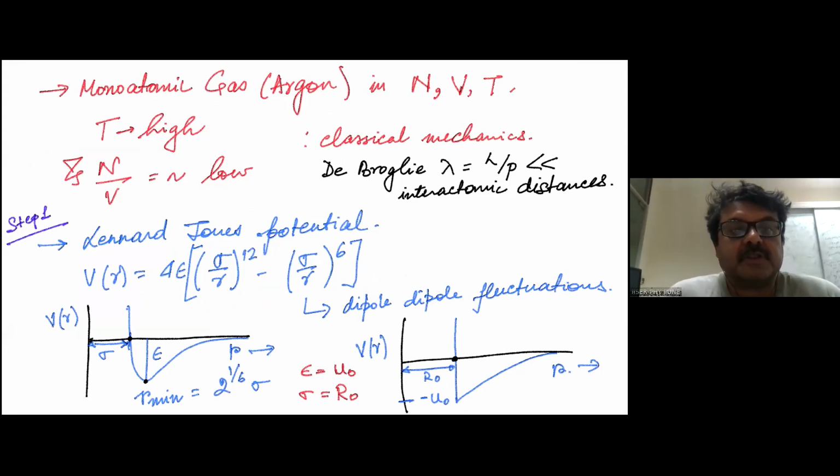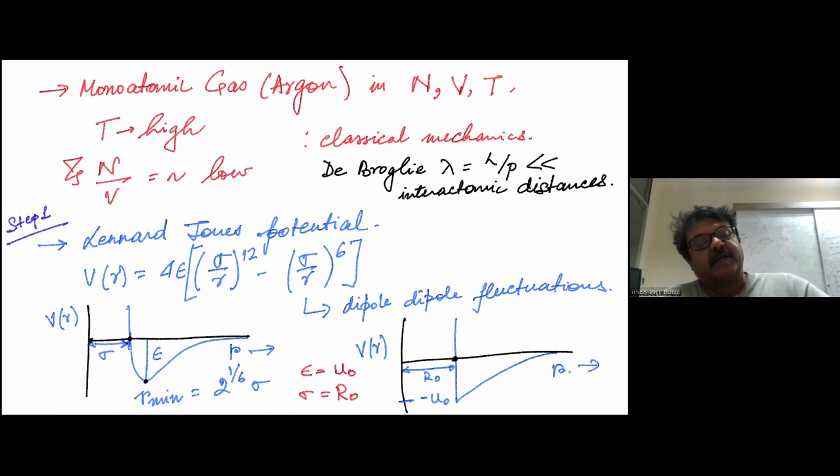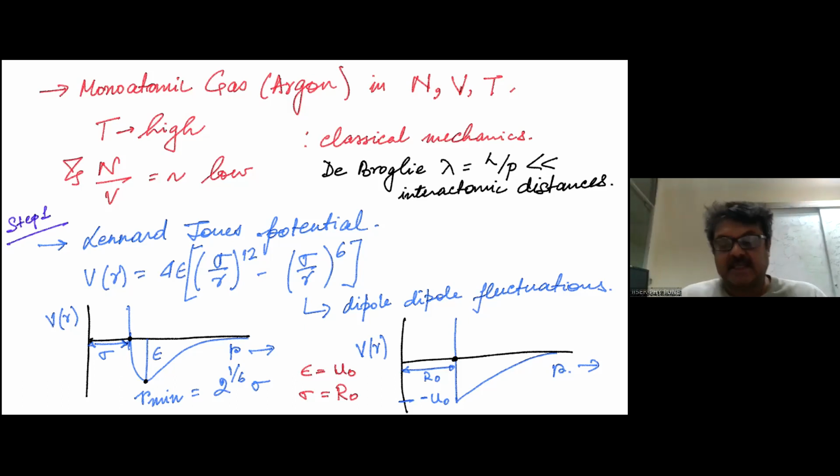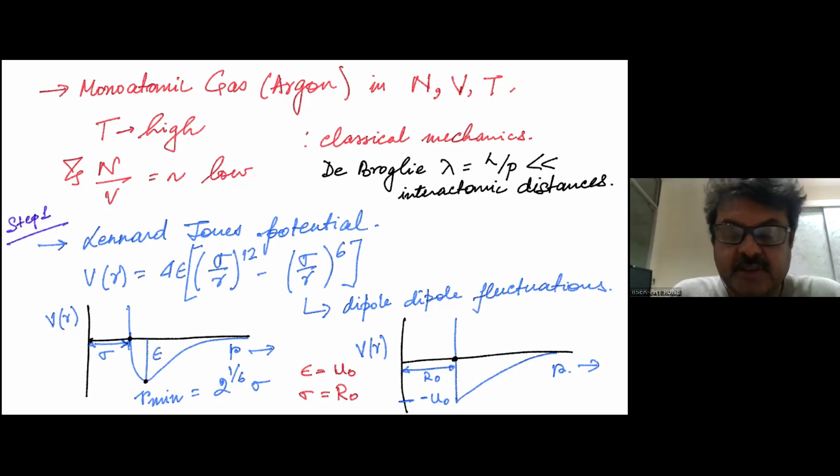So we'll be talking about interacting gases. Till now, we have been handling ideal gases, and things were easy to calculate the partition function because we essentially had Gaussian integrals sitting in the expression for the Hamiltonian, p squared by 2m.